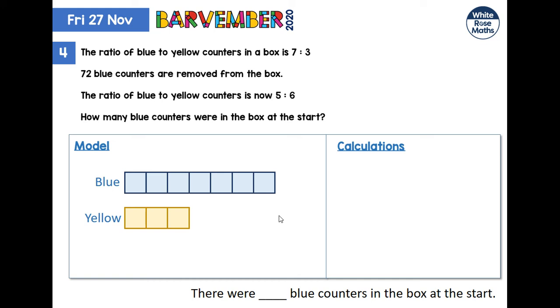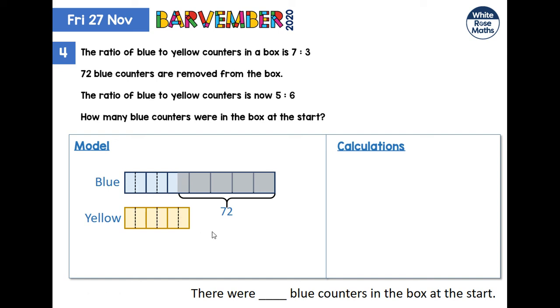So there's our blue and our yellow, 7 to 3, and 72 of those are taken out in order to leave this 6 to 5. Now that's worked because our yellow can be split into 2 parts to give this 6 to 5.